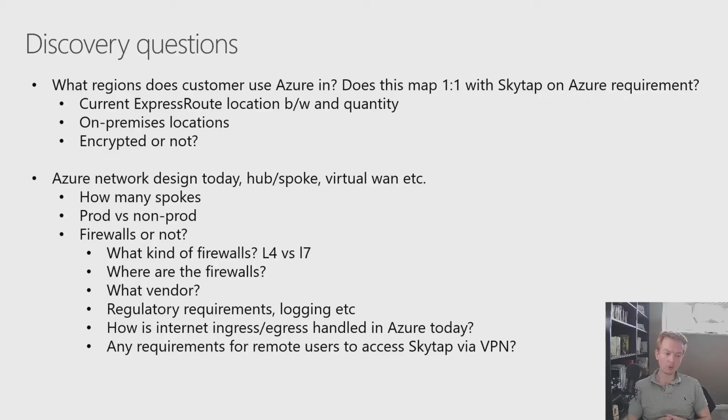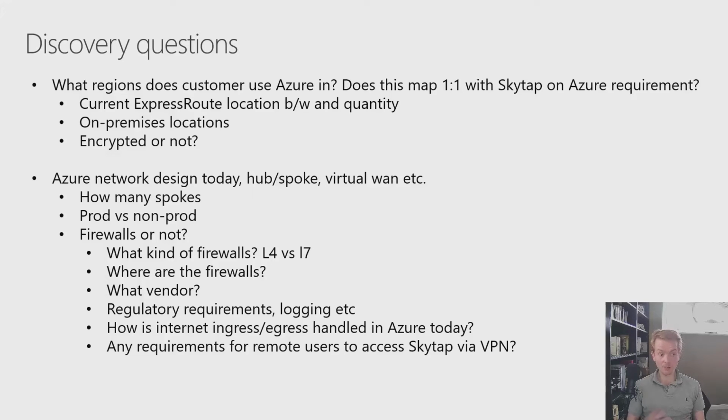Are we going to use the on-premises firewalls? Are we going to put firewalls in Skytap? And understand what the customer does with those firewalls. Is it just basic layer 4 firewalling, or is it something more advanced? Is it IPS IDS or some sort of complex layer 7 inspection or rule set?